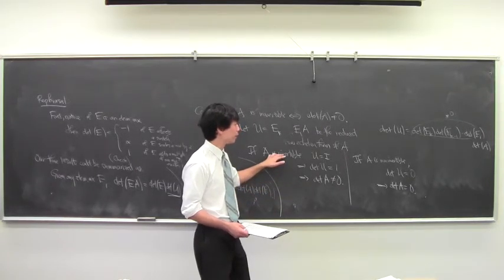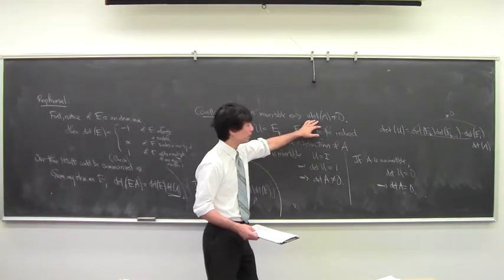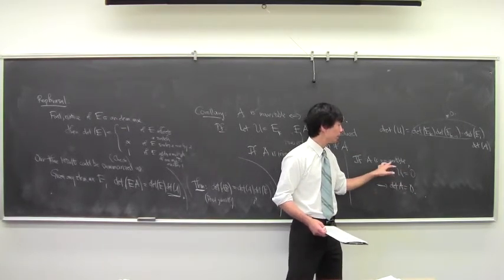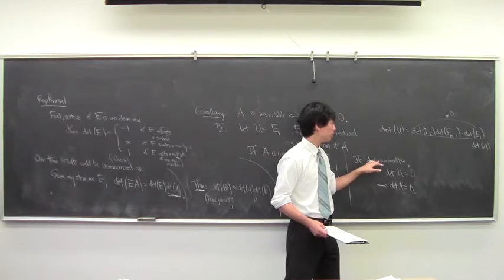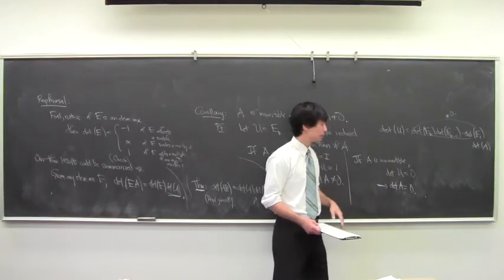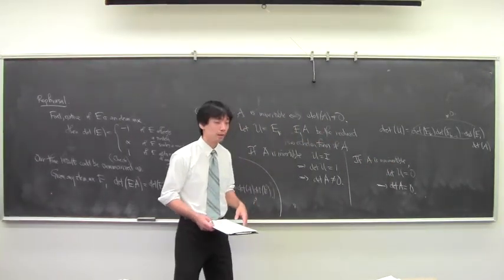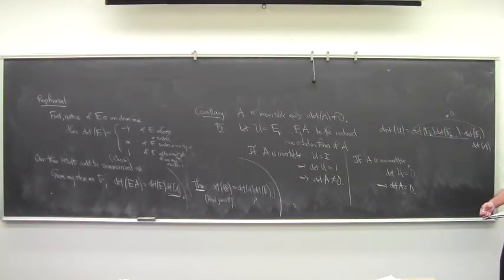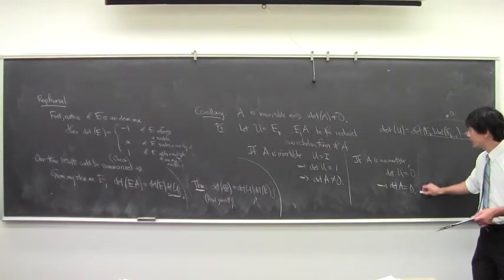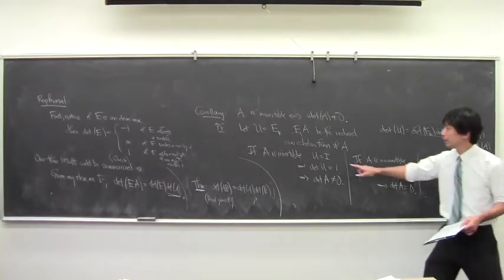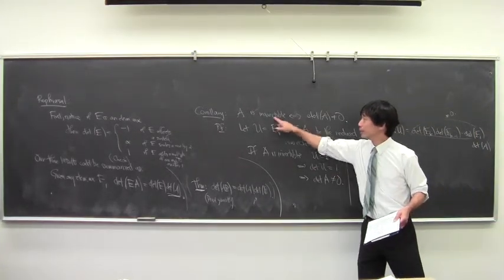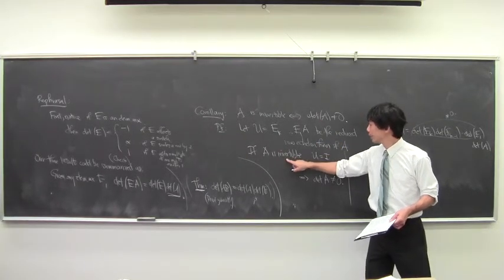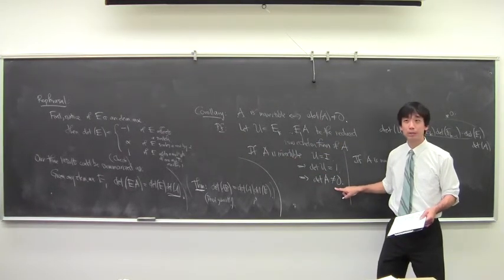Invertible implies that, and if the determinant is non-zero, that means that the matrix is invertible. Just to make the logic clear, in this first part, we show that if A is invertible, then the determinant is non-zero.